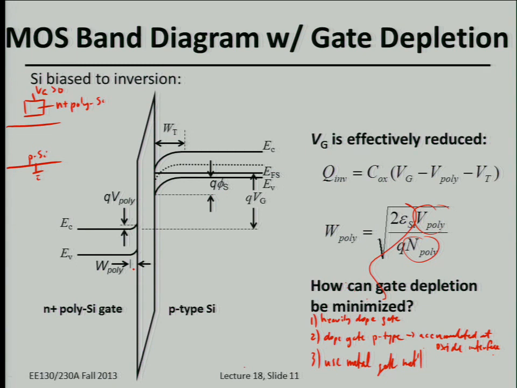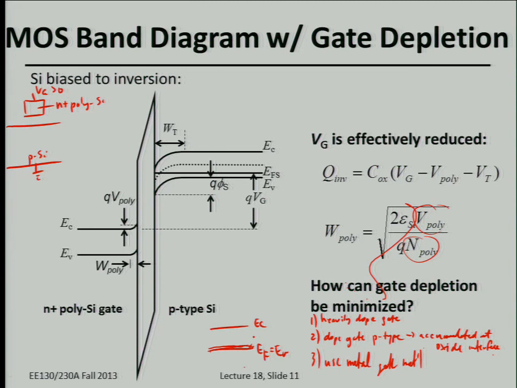If you start with degenerately doped p-type silicon, you don't really need to bend the bands upward too much to accumulate a significant number of holes at the interface. So the physical voltage drop in the gate can be essentially zero.